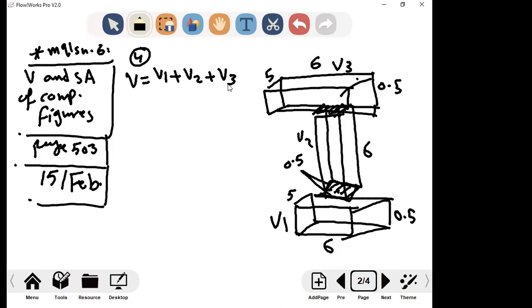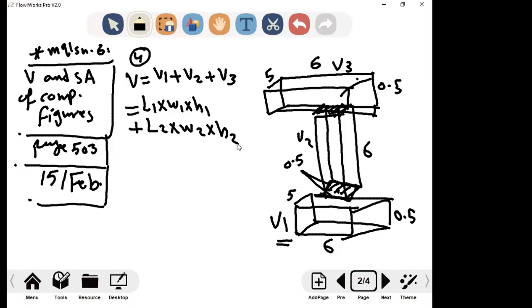Or you can say volume 1 and volume 3, you can find one of them once, then multiply by 2. It's okay. Now this equals length 1 times width 1 times height 1. This is for what? Plus length 2 times width 2 times height 2. For what?